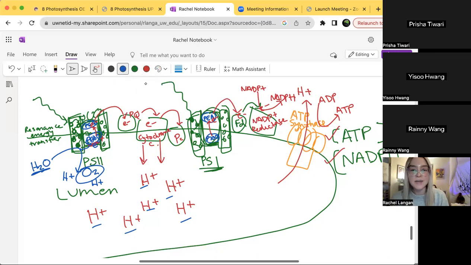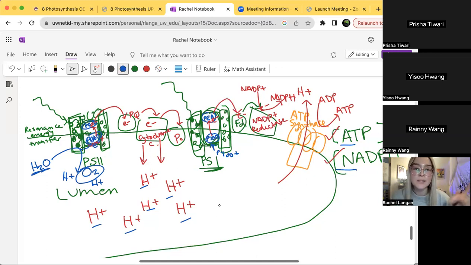Which is, yay, great, we made both of our products here, ATP and NADPH. We also made oxygen, but that's just waste. But the problem you should have with what I said is: what about P700? Didn't P700 donate its electron and become P700 plus? Isn't that a problem? Don't we need water to give electrons?